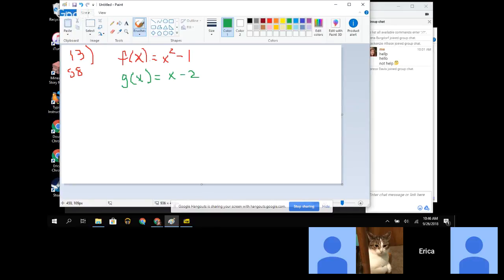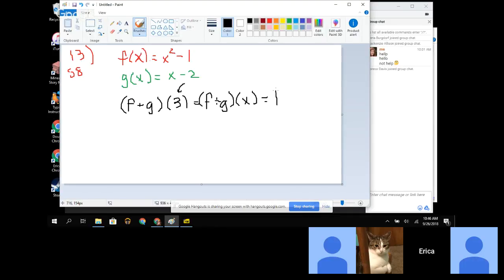So these are our two functions. Just make sure I wrote them correctly. And then we want to find f plus g of 3. All right, so before we evaluate the 3 part, let's just figure out what f plus g of x is.